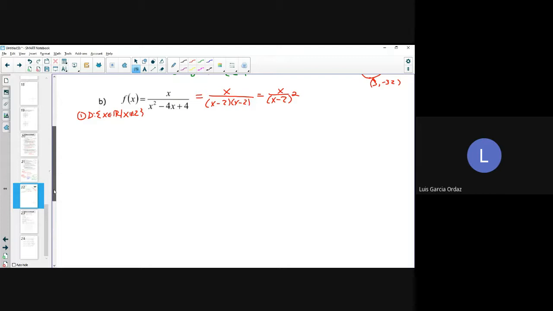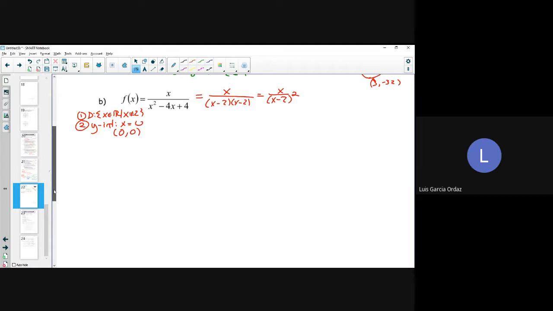Perfect. Number 2, we need to find my y-intercept, which means setting x equal to 0. And if I set x equal to 0, I get a y-intercept of (0, 0).